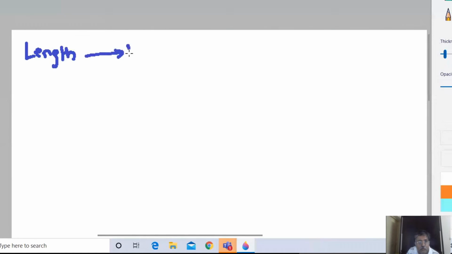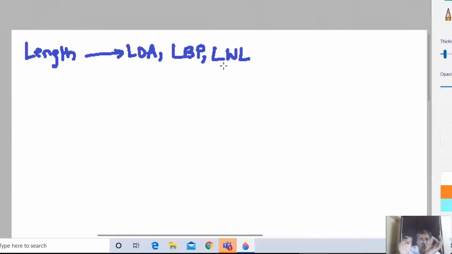So we had the length overall, length between perpendiculars, and remember I showed you a water line. So the length of the water line is also another length. It is the length between where the water line touches the stern and the bow. That is called the length of the water line. So you have LWL, LBP, LOA. These are the main lengths that we use in this section.